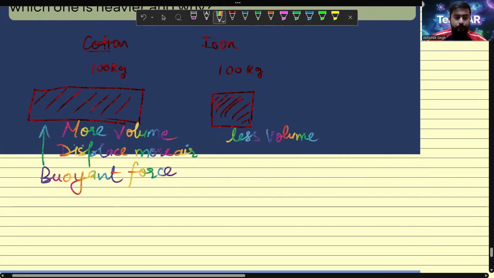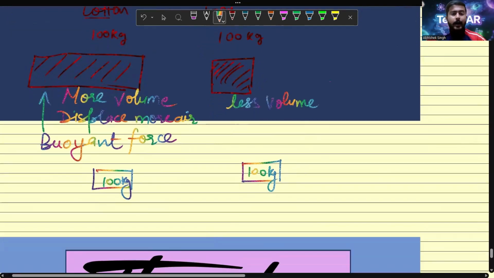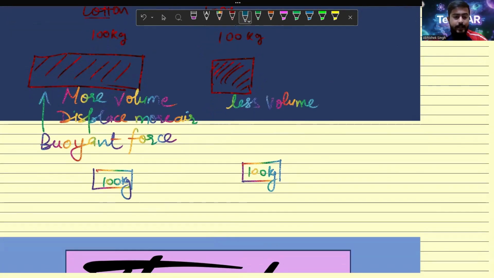But you see that both are 100 kg on the weighing machine. Both are applying the same weight, because weight is mass into acceleration due to gravity. Weight is the same.